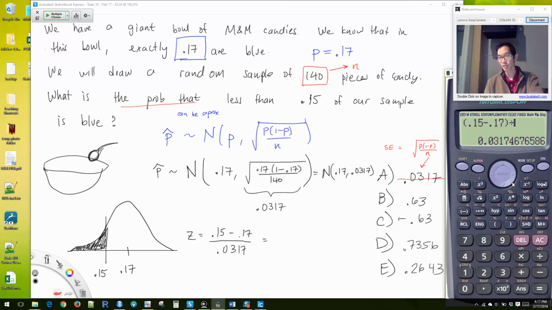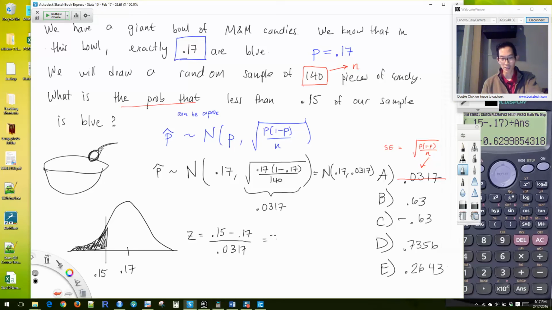I can type in that whole thing, or I can just hit divide by the answer button, and I get negative 0.63, okay, negative 0.62998. So negative 0.63, okay? And so if you picked either 0.63 or negative 0.63, these are z-scores, okay? These are not the correct answer.